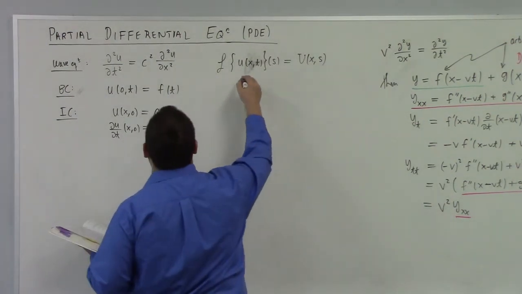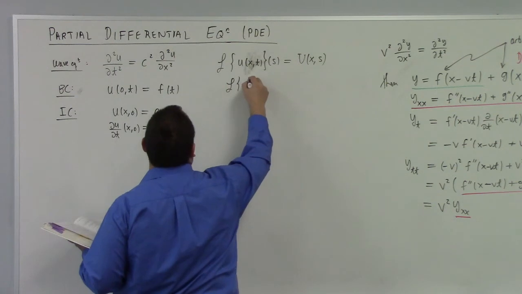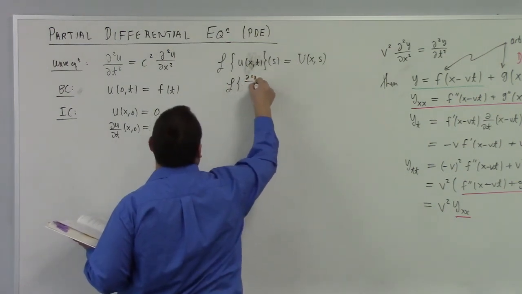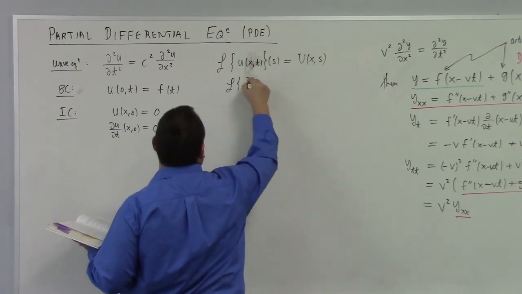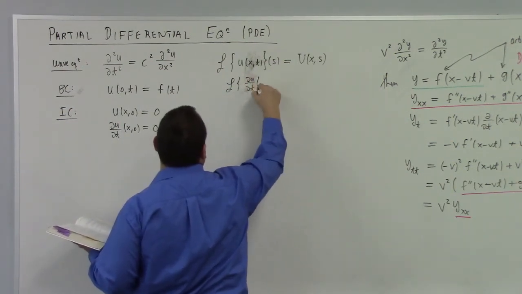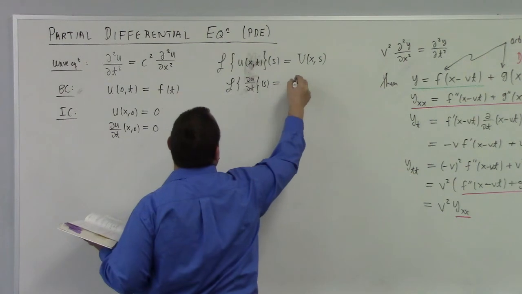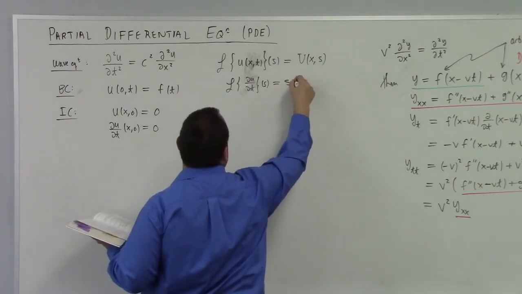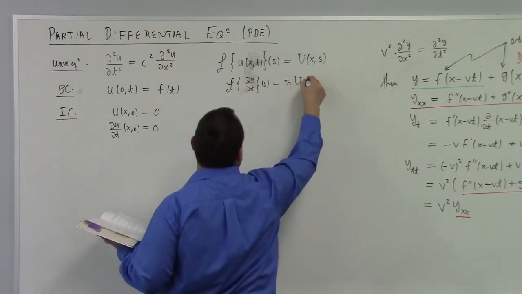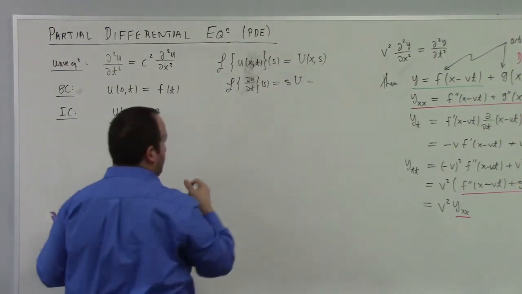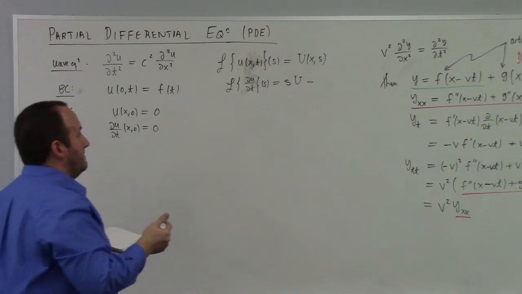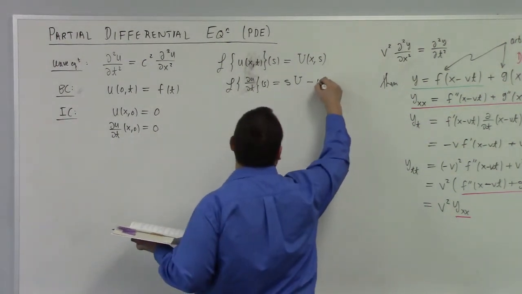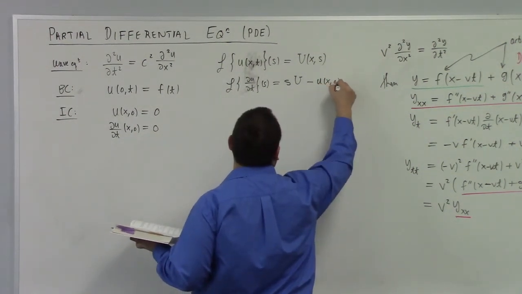So, the Laplace transform of partial squared u partial t squared, well, let me start out small. Partial u partial t is what? It is s times big U, right? Minus what? Little u of x comma 0.